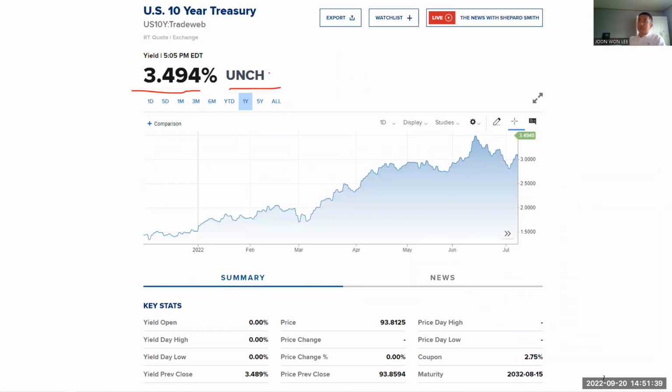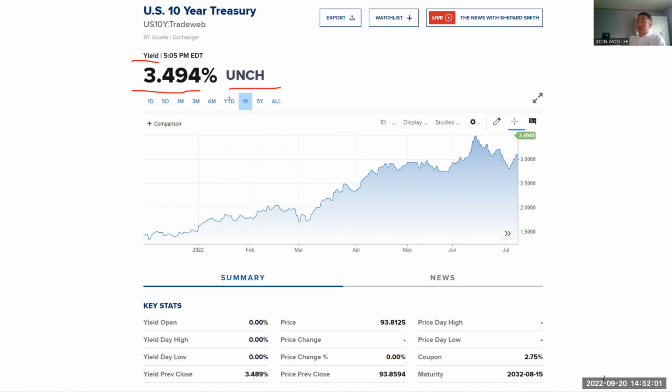I mean, this yield is a market yield. Its yield changes every day, but not very significantly, because too much change in interest rates has caused a lot of problems.